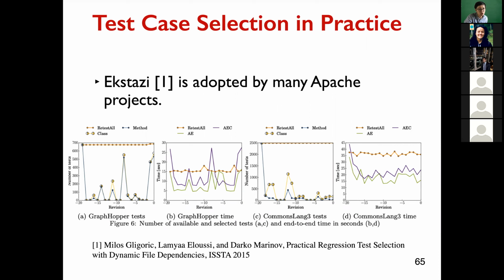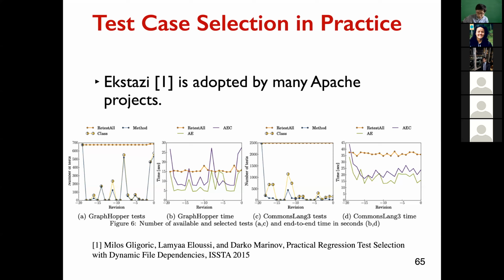And the other two lines show when you choose methods or classes as the test case selection criteria. You can see that if we choose the method way and the class way, we can significantly reduce the number of test cases and significantly reduce the testing time.